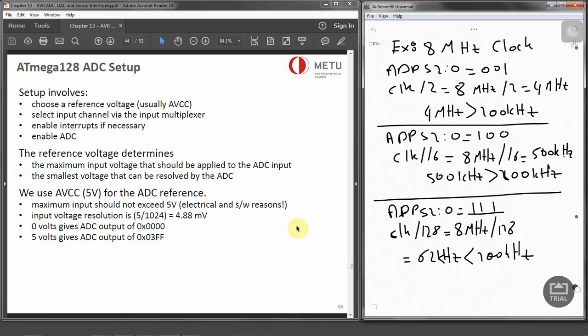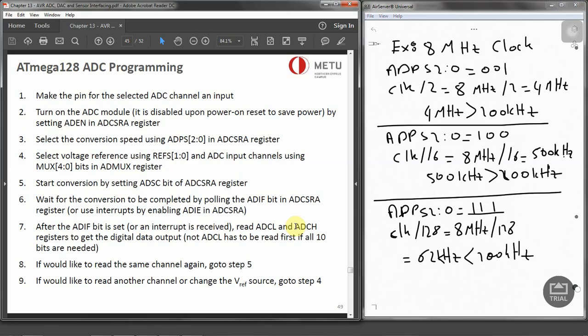In this case the input voltage resolution is 5 over 1024. 1024 comes from the 10-bit resolution, so this will give us 4.88 millivolts. For 0 volts, the ADC output is hex 00, and for 5 volts, it's hex 3FF.